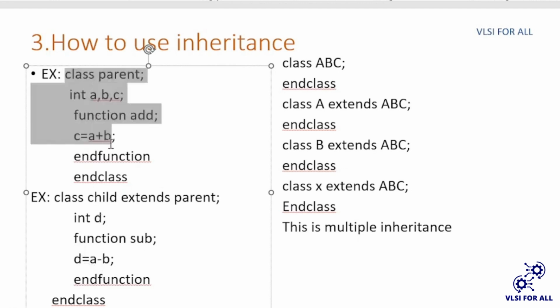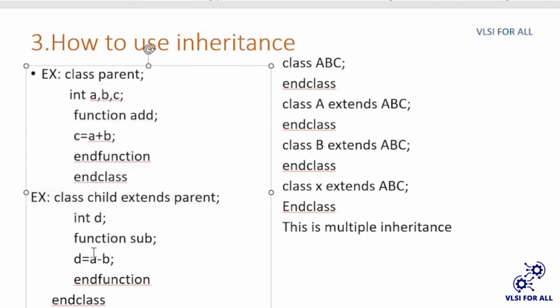The existing parent class is already there, and I already verified the addition property, so no need to verify it again; we can directly use that property. Whenever we declare a class which extends an existing class, all these properties and methods can be accessed by this child class.